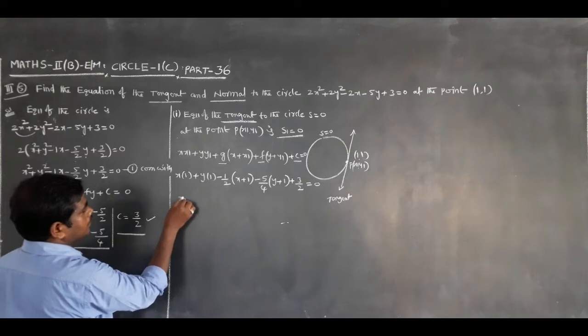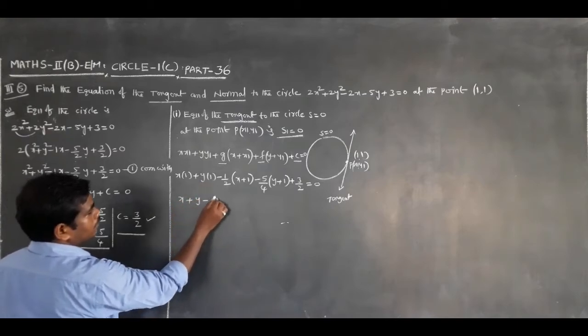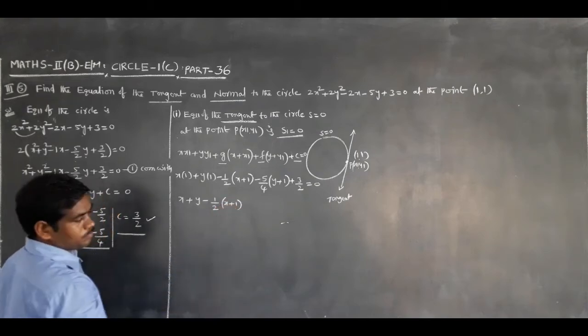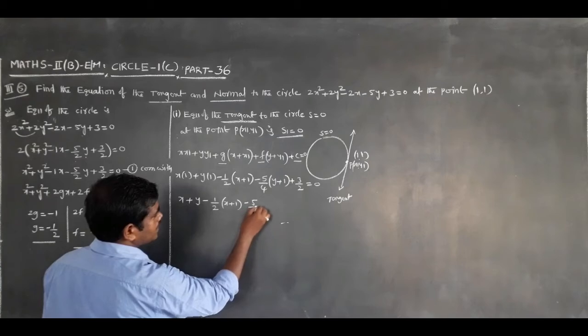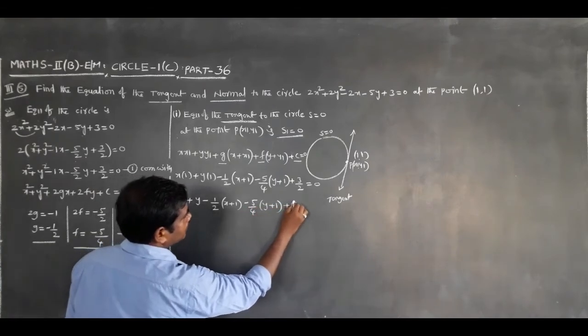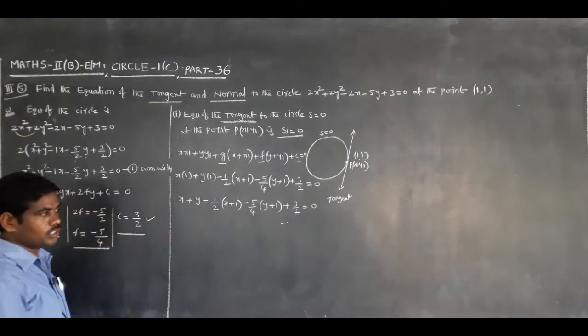That is, x plus y minus 1 by 2 into x plus 1 minus 5 by 4 into y plus 1 plus 3 by 2 is equal to 0.